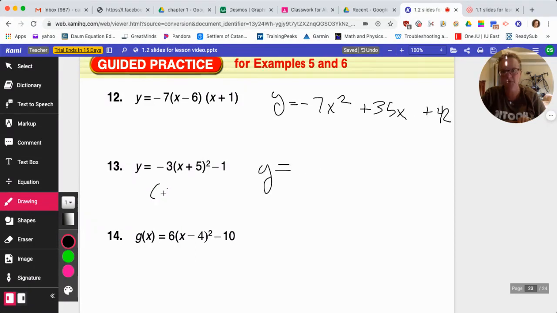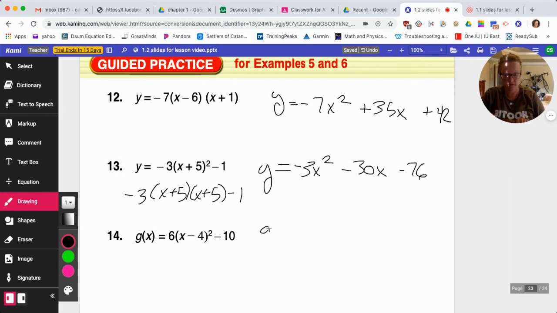Ooh, here's one where we would write x plus 5 twice. And after we're done foiling it, we would distribute the negative 3, and then we would subtract the 1. 13. Negative 3x squared minus 30x minus 76.